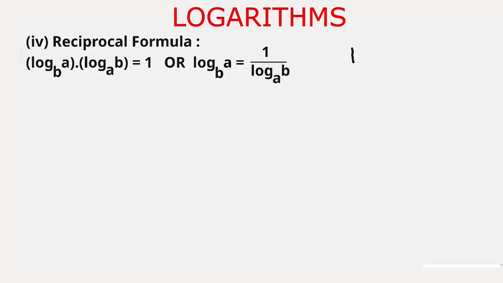Now we prove the formula. Let b to the power x equal to a. Then this can also be written as a to the power 1 upon x equal to b. Now we can use these two equations to prove our reciprocal formula. b to the power x equal to a.